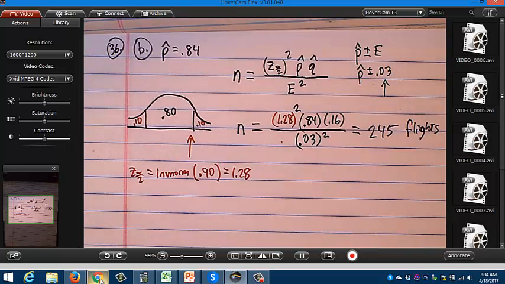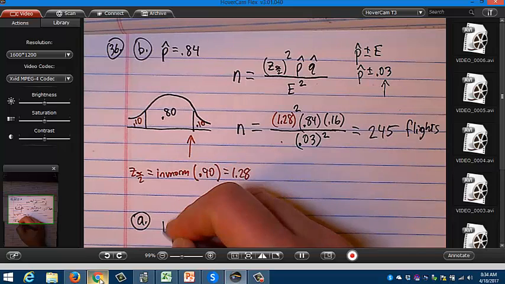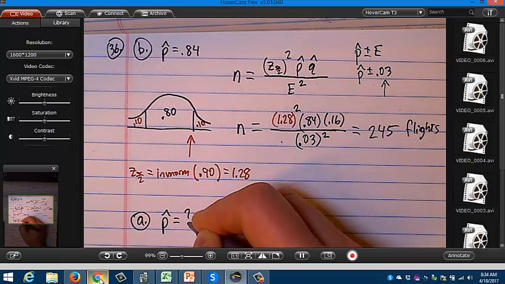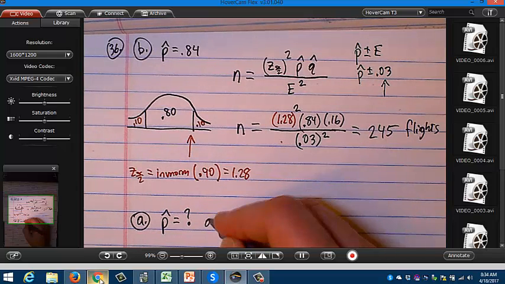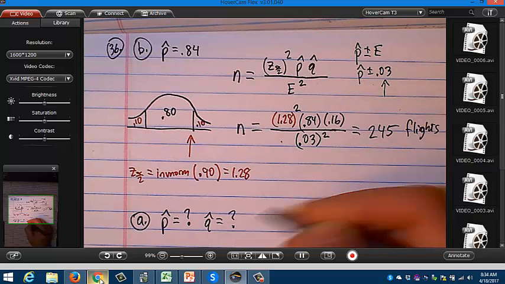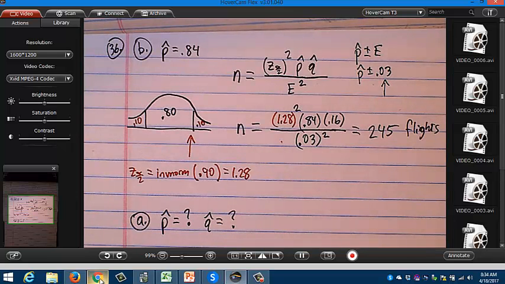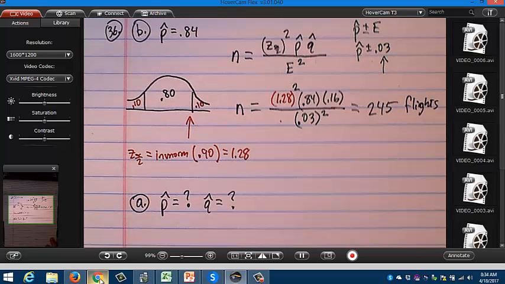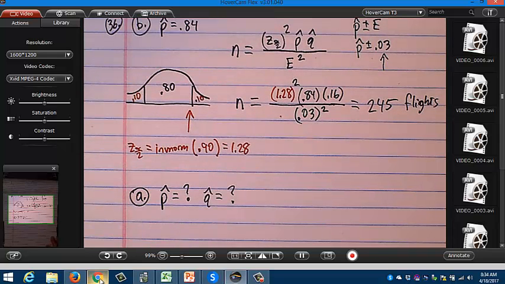When I think about Part A, P hat is, I don't know. And so Q hat is, I don't know. What we do if we have no idea what P hat and Q hat are is we take the worst case scenario.